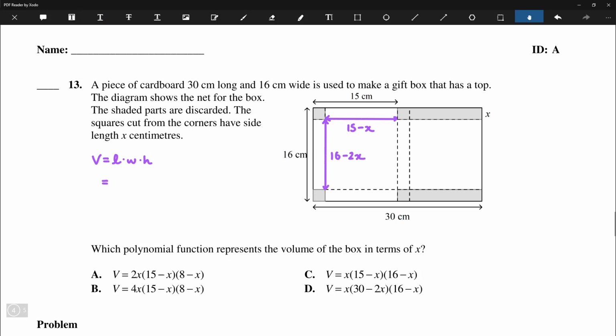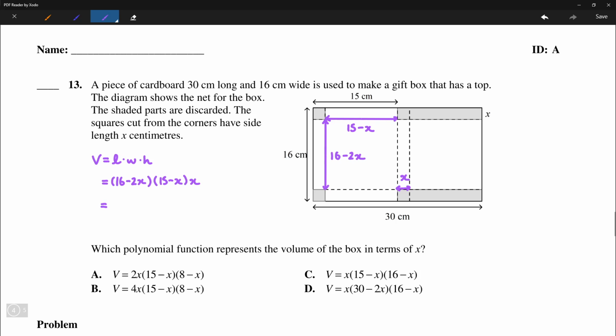And finally, the height of the box will just be the variable x.